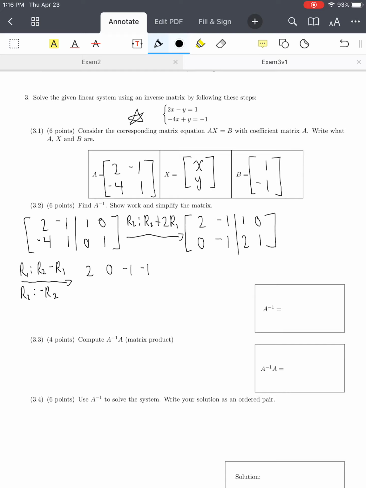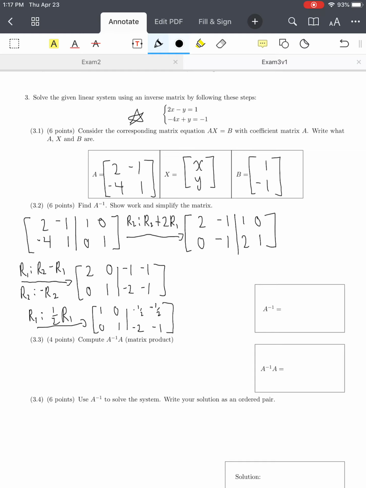Then row 2 is just going to be the negative, so 0, 1, negative 2, and negative 1. And then the last step is to say row 1 is 1/2 row 1. So that's 1, 0, 0, 1 on the left-hand side. Then negative 1/2, negative 1/2, negative 2, negative 1 on the right-hand side.